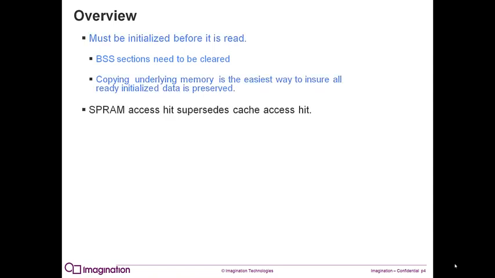One thing to note, if the area that the data Scratchpad memory is replacing was already in use as a cache section, you will first need to flush and invalidate any cache lines that correspond to the physical memory being overlaid. Since Scratchpad addresses supersede the data cache hit, it will be impossible to reference the data cache at the overlaid addresses.